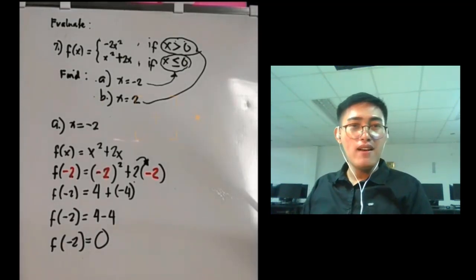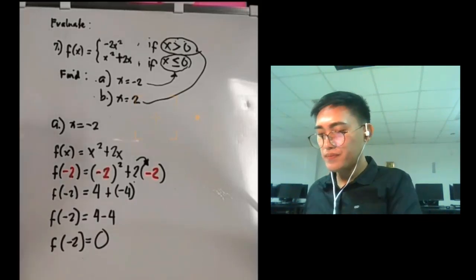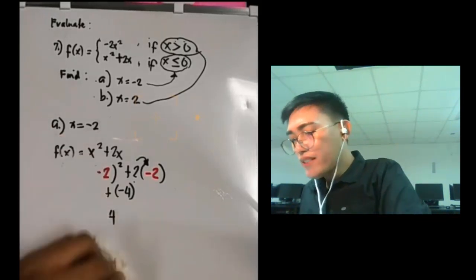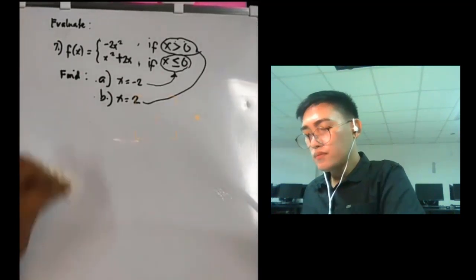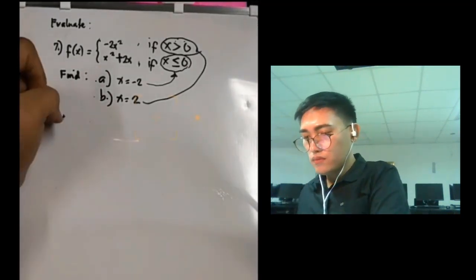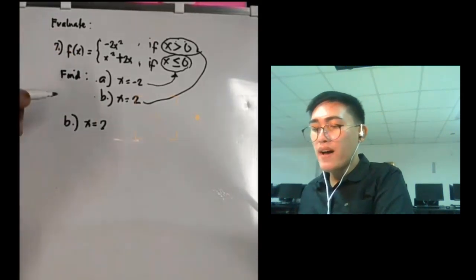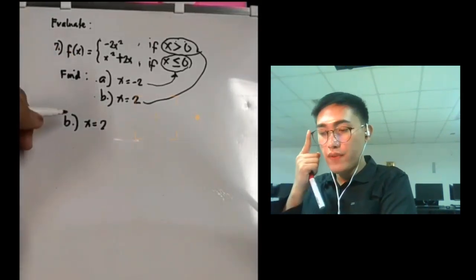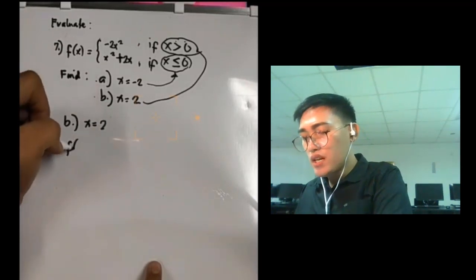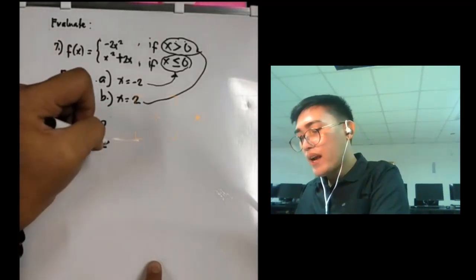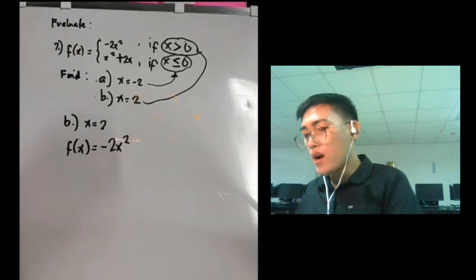Alright? For letter B, I will erase this. For letter B, x is equal to 2, and the function that we are going to use here is the first subfunction, which is negative 2x squared.